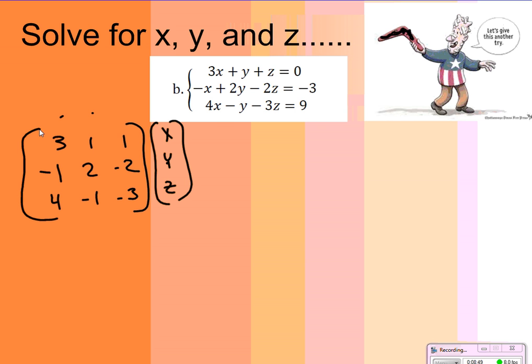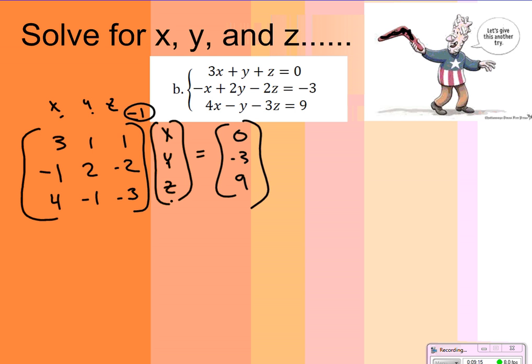So another way to rewrite this system of equations is as a matrix like this. These are all the x's, these are all the y's, these are all the z's. According to matrix multiplication, you would take 3 times x, 1 times y, 1 times z, negative 1 times x, and so on. So to solve this, I'm going to do what is called taking the inverse of this.